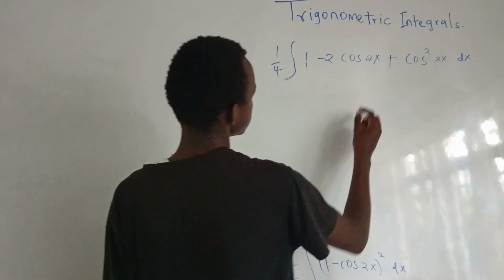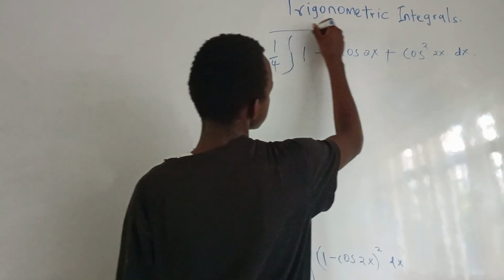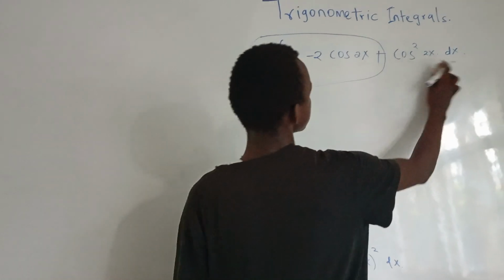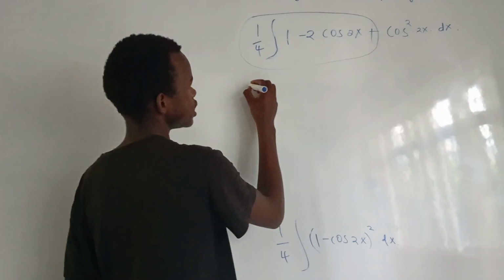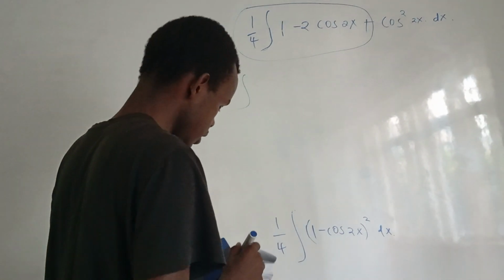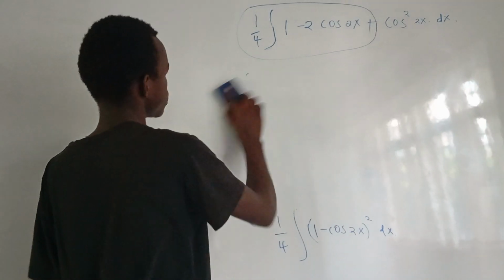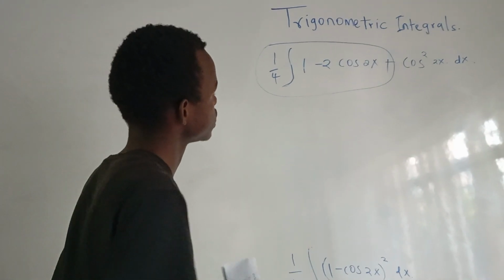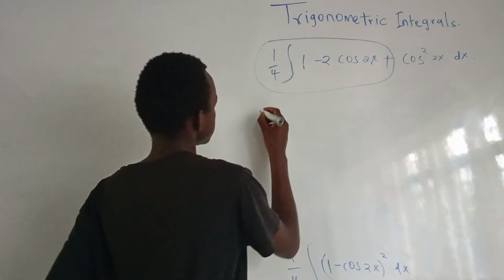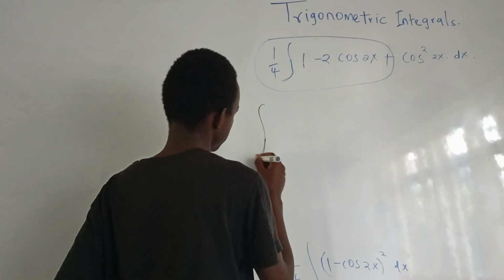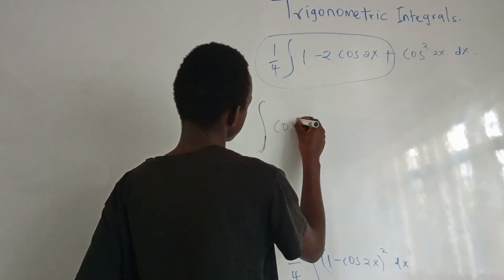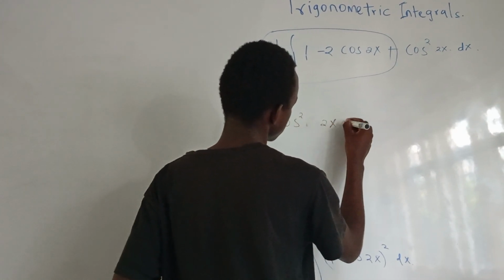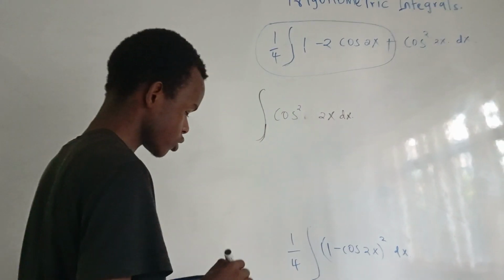So first, let's set this aside and perform the integral of that. I'm told to integrate, it's long, but we'll manage, cos squared of 2x dx. This is what I'm told to integrate from here.